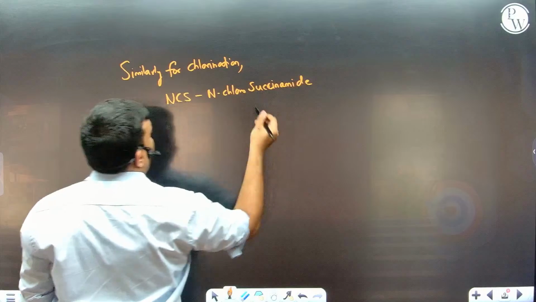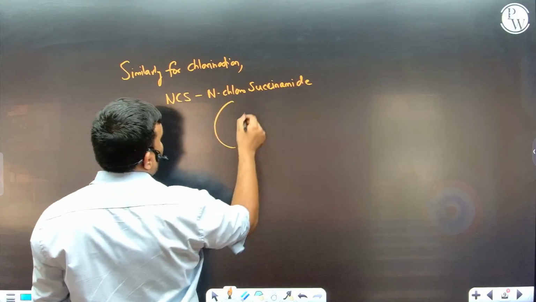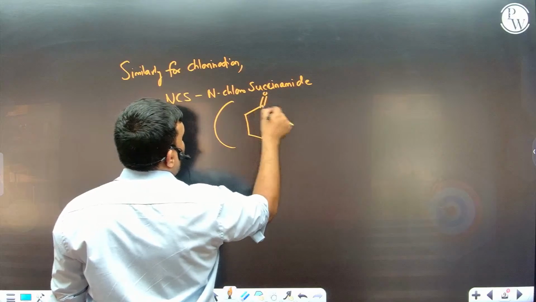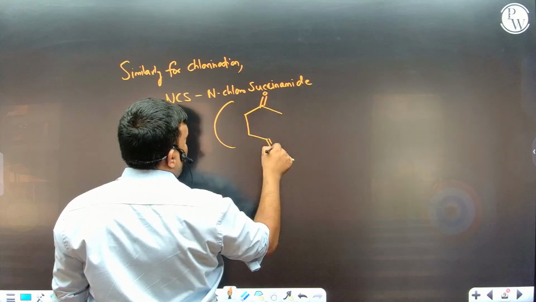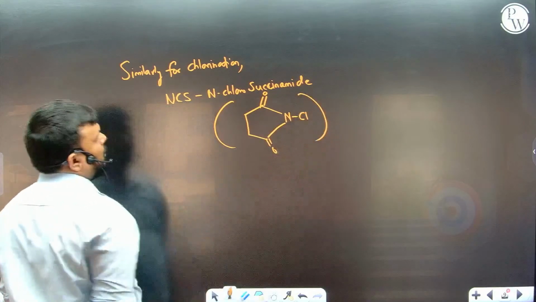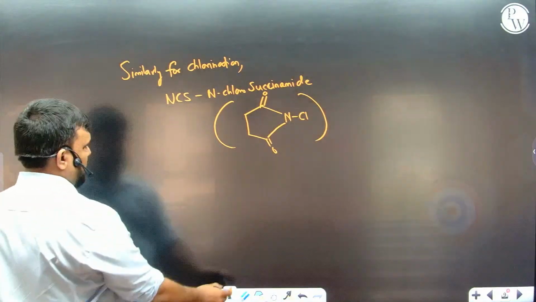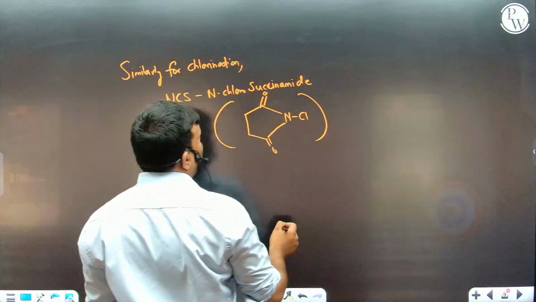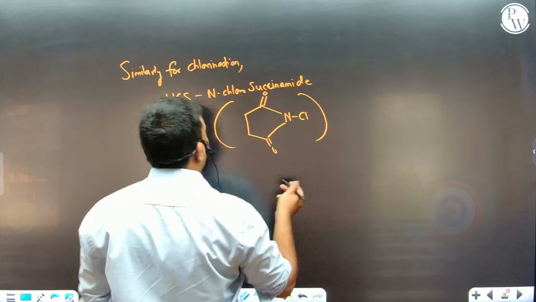N-chlorosuccinamide, okay, NCS. And what will be the structure of it? This is the structure of N-chlorosuccinamide. What it will do? It will have chlorination at allyl and benzyl position.